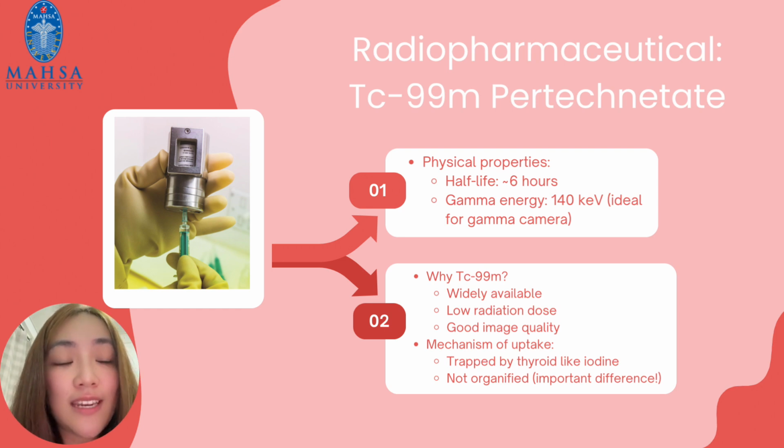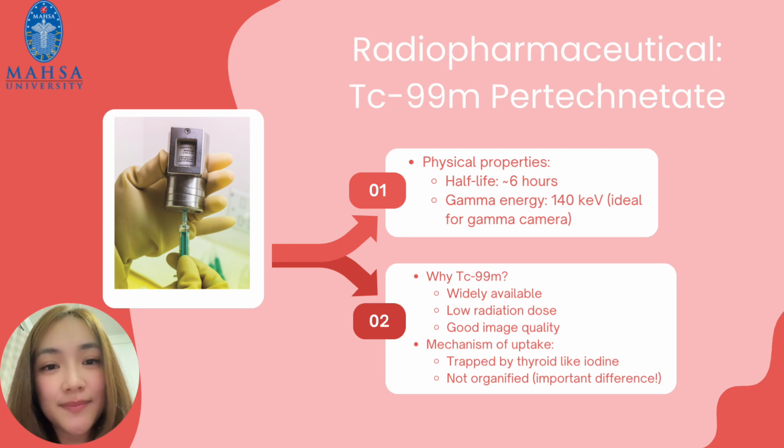And why TC-99M? Because it is widely available, low radiation dose, and good image quality. The mechanism of uptake is that it is trapped by the thyroid like iodine and not organified. So it will reflect the thyroid trapping function rather than the hormone synthesis.